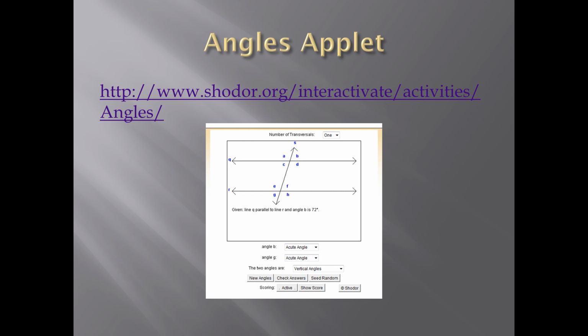Now we're going to look at an online interactive applet for some practice. I will do some of them for you, but remember that you can use it as much as you like to practice.